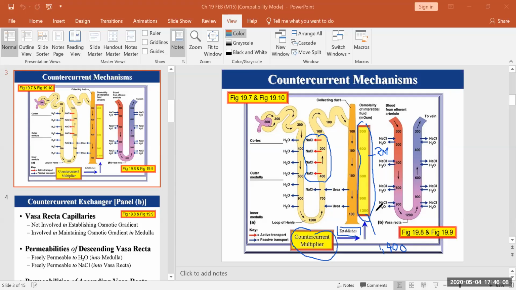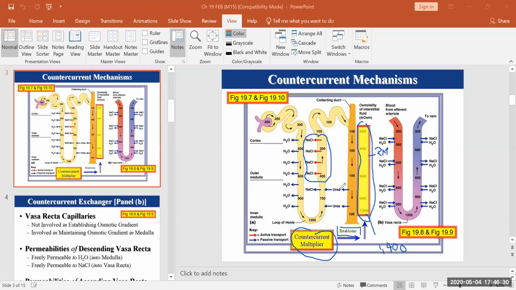It is set, it is created, it is established by the loop of Henle, more specifically the ascending loop of Henle, by relying on active transport. If ATP runs out, this is off.